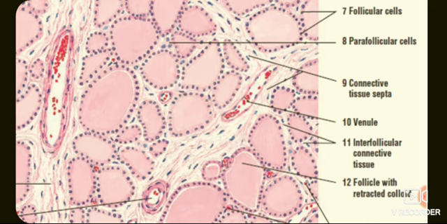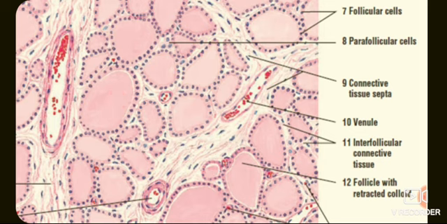The lining epithelium of the follicle changes shape according to the activity of the thyroid follicles. If the thyroid follicle is moderately active, the lining epithelium is simple cuboidal and there is moderate amount of the thyroglobulin colloid.